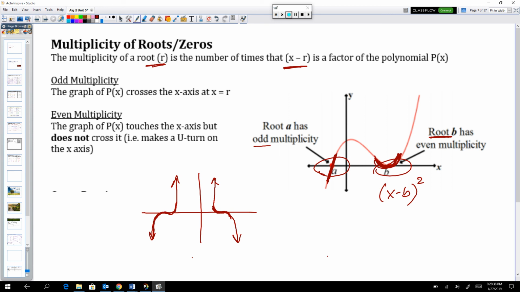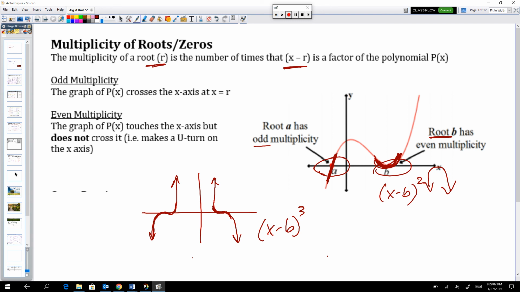Just like these multiplicities of 2, they might not bounce from the top down, they might bounce from the bottom up, right? So start playing with Desmos and your graphing calculator to see how these factors of various powers act. And this is what you should be able to identify off of the graphs for your assessment.